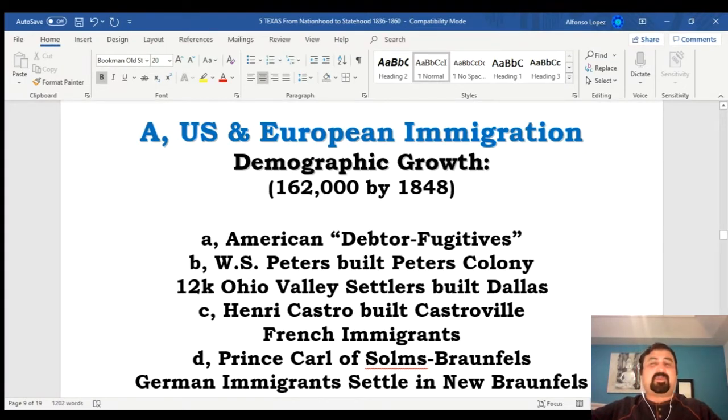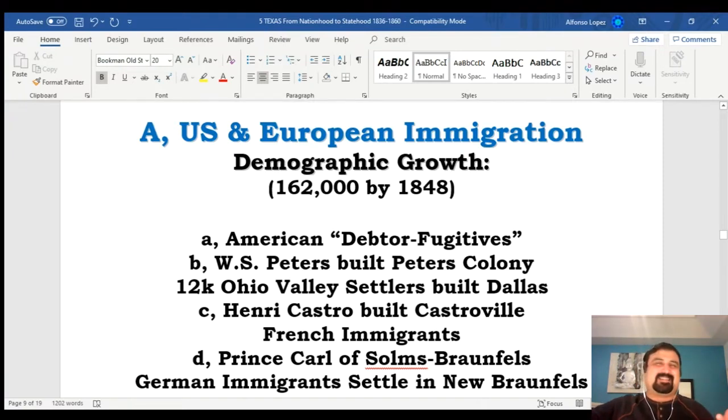Okay, U.S. and European immigration is going to add not only to the diversity, but also to the growth of the population. There will be a demographic growth in Texas. The population of Texas is going to grow to the point that by 1848, there were already 162,000 people living in Texas.